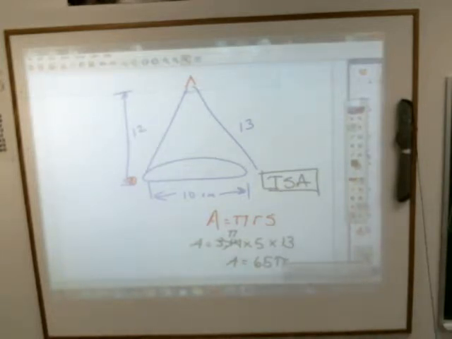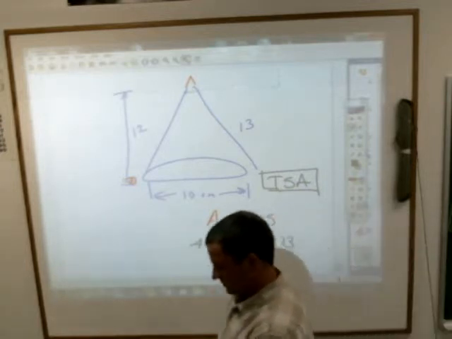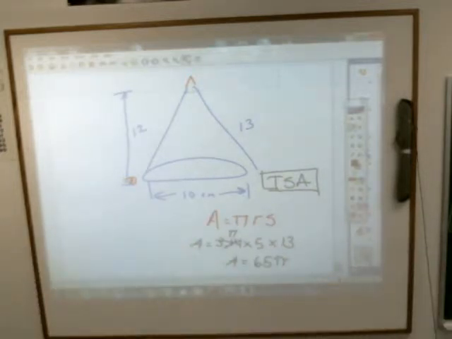You just found the lateral surface area, which when you have a cone is just the paper that it was, just this piece.